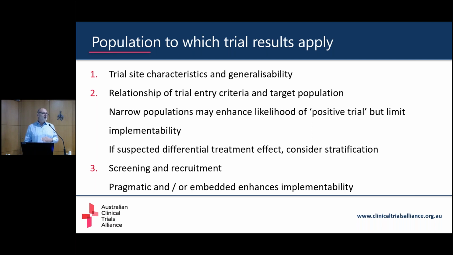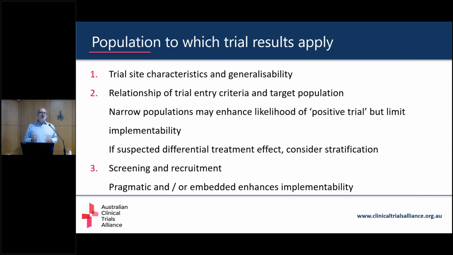And there are many situations, particularly in early phase clinical trials, where that's appropriate. But every time a trial population is narrowed, the population to which it can be implemented is similarly narrowed. And if at all possible, keeping the population broad, or as broad as would be expected to potentially benefit, is a really important design characteristic.